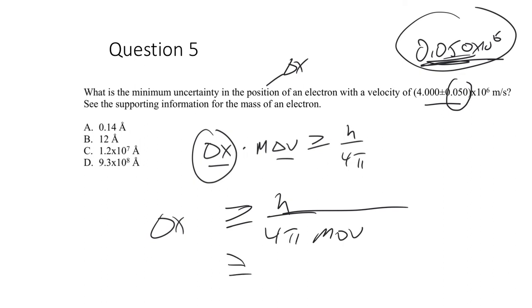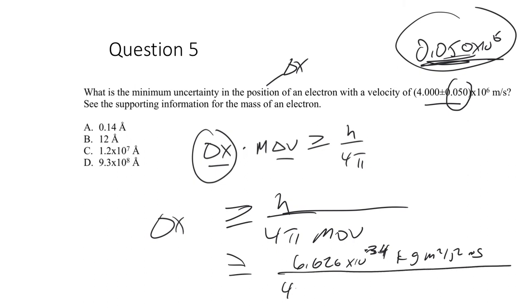which would be greater than or equal to 6.626 times 10 to the minus 34 kilograms meters squared per second squared times seconds, so joules times seconds, divided by 4 pi times 9.109 times 10 to the minus 31 kilograms, because we're talking about an electron as the particle, and then the uncertainty of the velocity is 0.06, or excuse me, 0.050 times 10 to the 6.